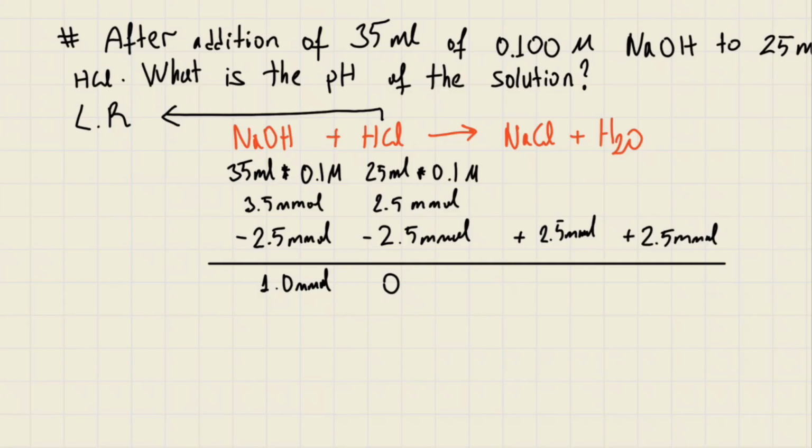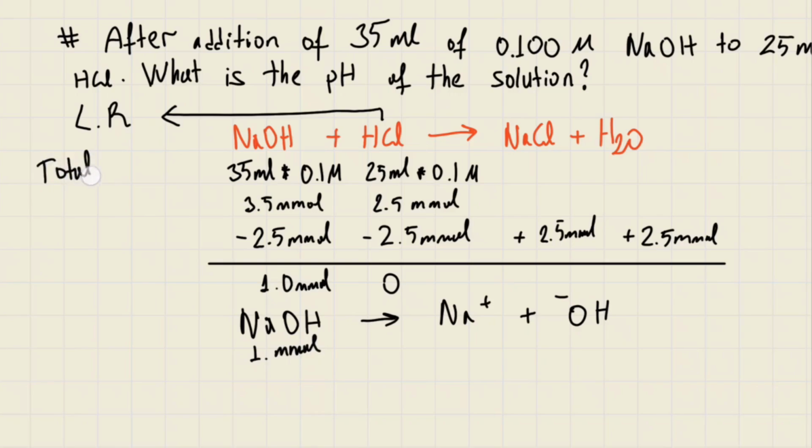And sodium hydroxide is a strong base, right? It completely ionizes and creates OH minus ions. So we have 1 millimole, and the total volume right now is 25 plus 35.